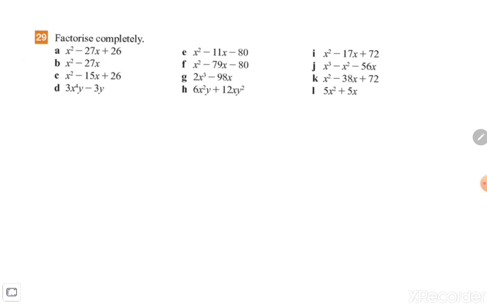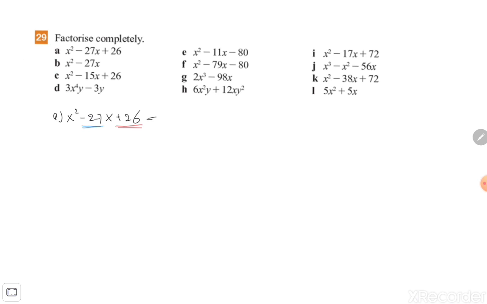Now let me have a look at the first one, exercise 29a. The question is x squared minus 27x plus 26. Here we need to use the product sum method, where we need to find a product that is 26, and if we add them we get minus 27.